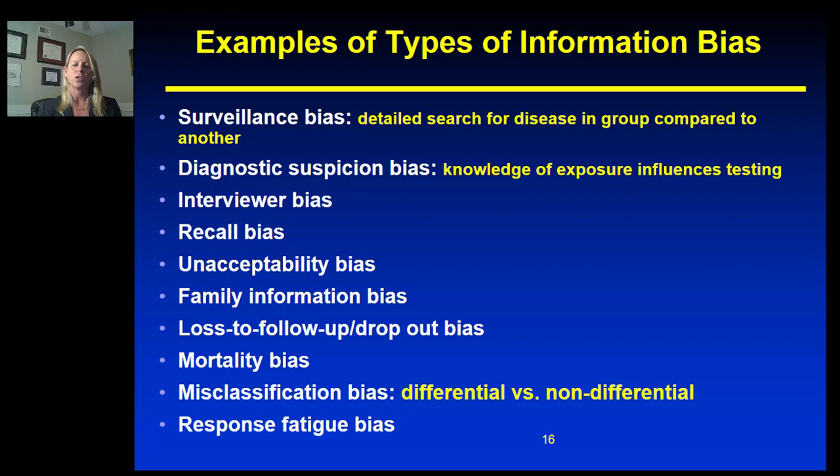However, that information is not collected accurately or adequately, and that can also lead to bias. And then there's what's called response fatigue bias. This occurs in long-term cohort studies where individual subjects who participate in the cohort become fatigued by participation and they stop providing accurate information.